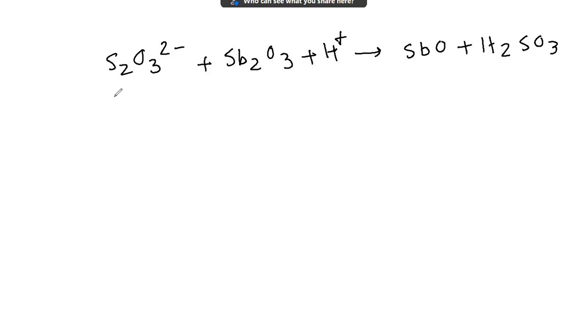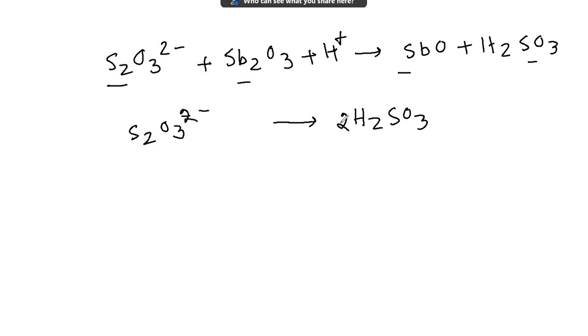In this case, these two elements, sulfur and antimony, are undergoing change in oxidation number. Let us isolate them first. So in this case, if I write H2O3 2 minus, it changes to H2SO3. Left hand side there is 2 sulfur, right hand side there is 1 sulfur. For balancing it, put 2 over here first. In this case there is 6 oxygen, 2 into 3, 6 oxygen. In this case there is 3 oxygen.